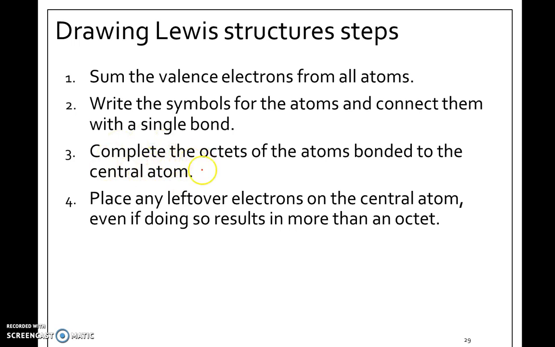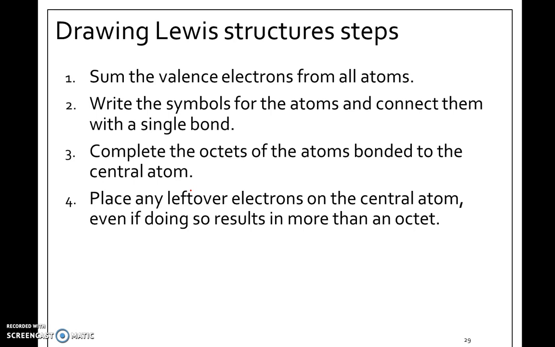So step 3 is complete the octets of the atoms bonded to the central atom. Okay, so what that means is there will be one atom that will be typically the first atom listed, so the cation, and/or the atom that has the most bonds possible. So you will put all the players on the game.